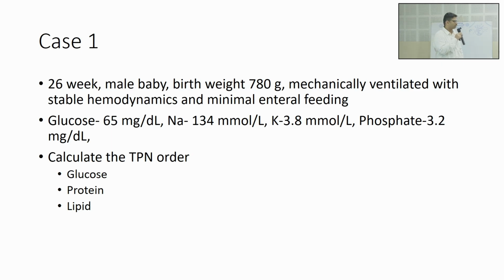The minimum we want to give is 4. So you got a central line, a UVC, and suppose it is ideally placed, at the IVC-RA junction.